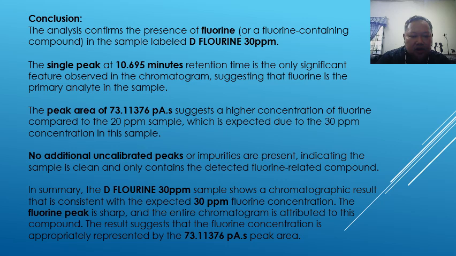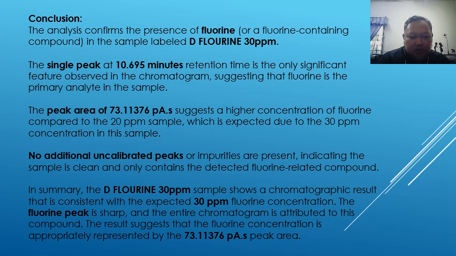No additional uncalibrated peaks or impurities are present, indicating the sample is clean and only contains the detected fluorine-related compound. In summary, the defluorine 30 ppm sample shows a chromatographic result that is consistent with the expected 30 ppm fluorine concentration.